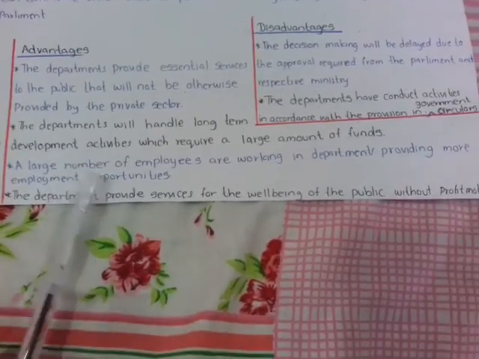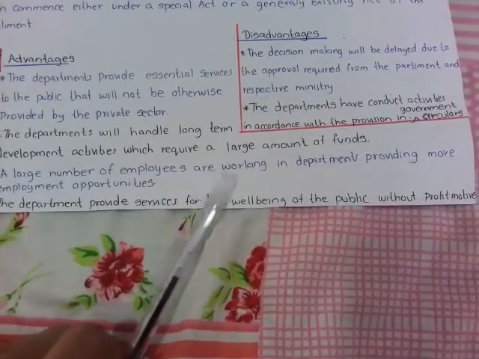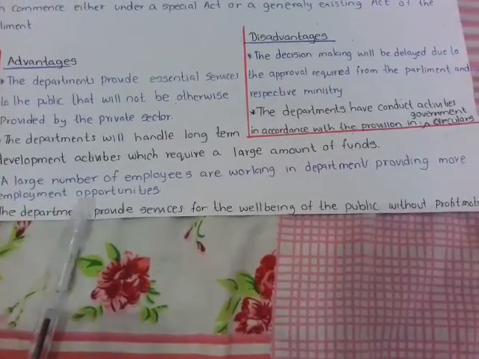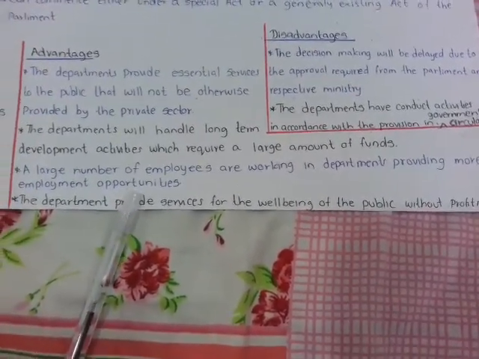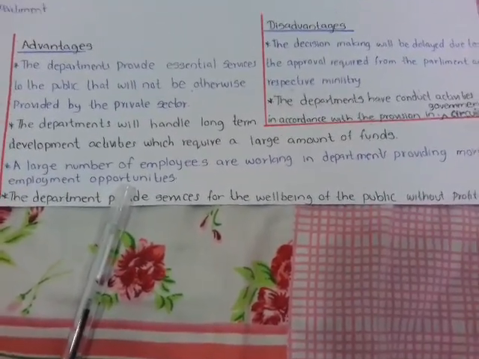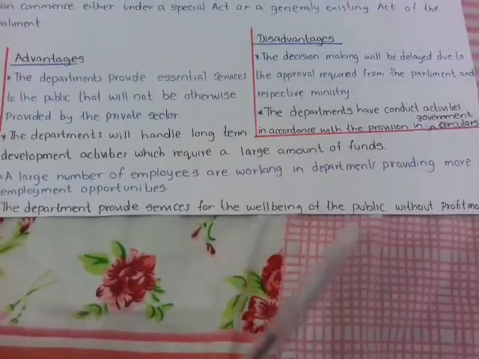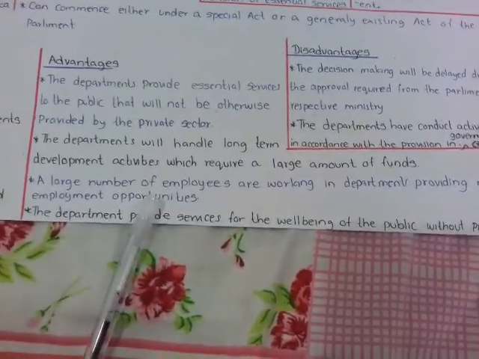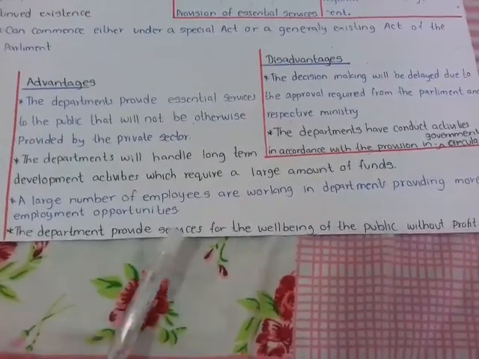And here, a large number of employees are working in departments, providing more employment opportunities. As a large number of employees are needed when working in departments, there are employment opportunities for people who are searching for jobs.